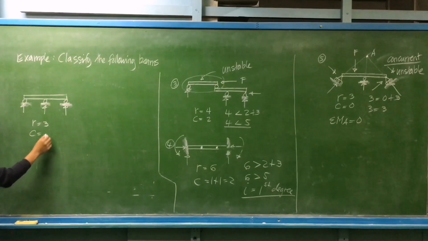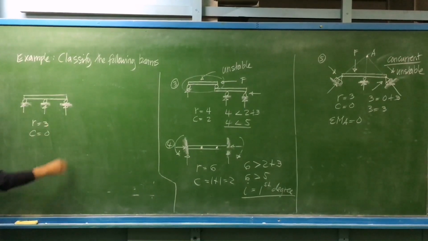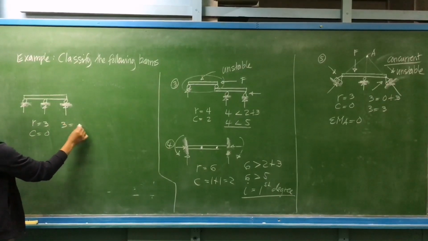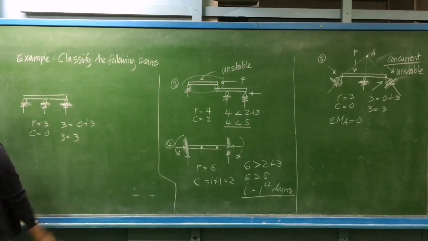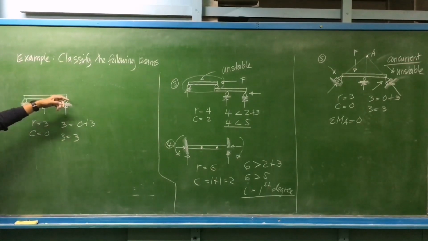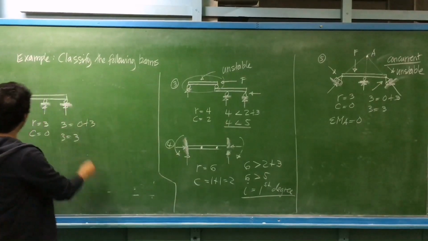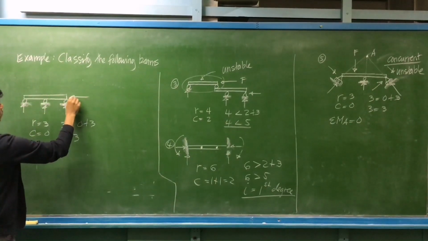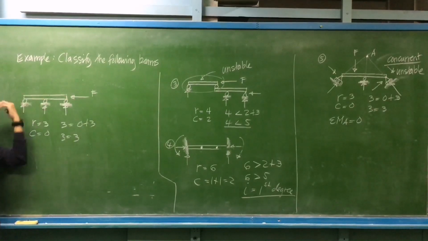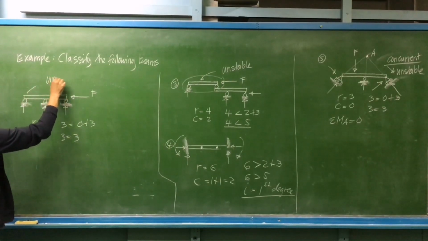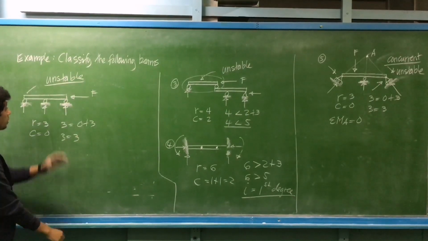The value of C is 0 since we don't have an internal pin or an internal ruler. So again, we are to satisfy 3 is equal to 0 plus 3. So 3 is equal to 3. But since they are all rulers, the same with this one, kanina, if we are to apply a horizontal force F, this beam will move to the left. That makes it unstable. Okay?